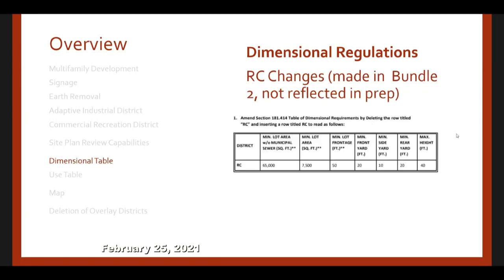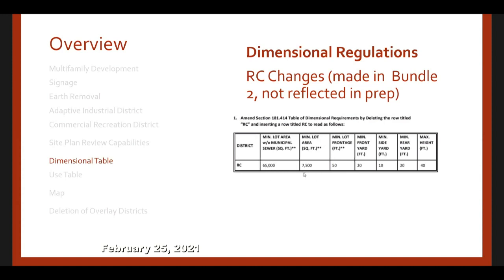One thing I did want to note is the changes you voted on in bundle 2 weren't reflected in the prep document that you received. So I have called out what the actual vote that you made in bundle 2 would be, and the document we will look at will be amended to reflect that.